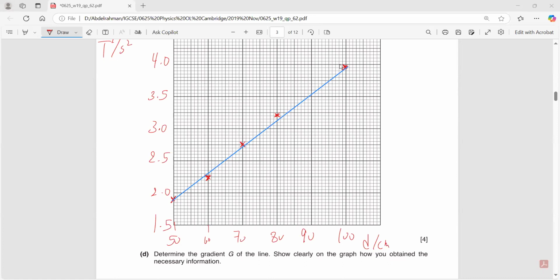So the first point, 50 and 1.9, and you have all of the points following it. Then we need to find the gradient. Can I find the gradient of the graph? Yes, I can find the gradient by drawing the triangle. You have to draw the triangle on the graph, joining the two furthest points as such.